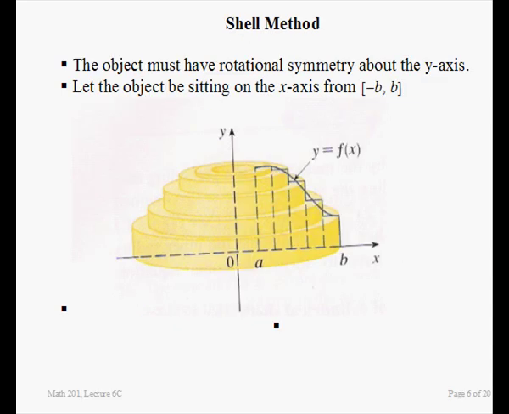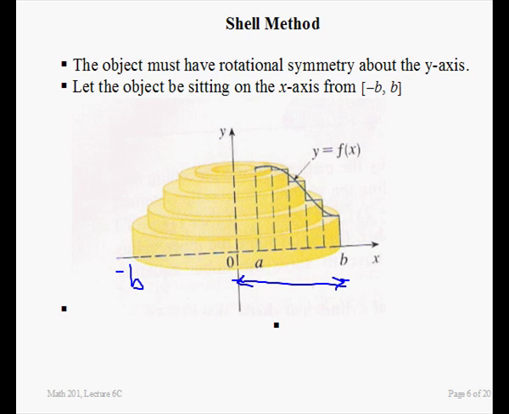Here's another picture of the shell method. Here's the object. It has rotational symmetry. I've plopped it down on the x-axis, but I've skewered it with the y-axis. It's going from minus b to plus b. We're only concerned with 0 to b, although I'll give you an example where it's displaced, but just look at this for now. You cut it up.